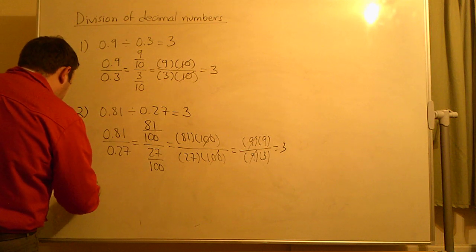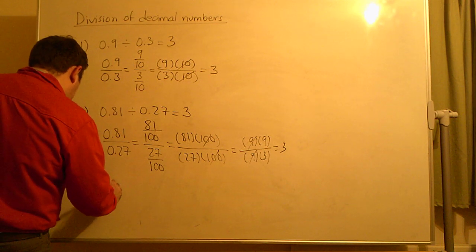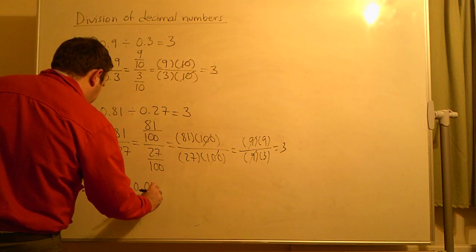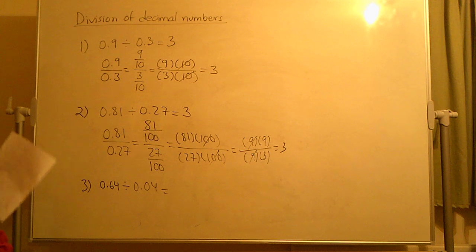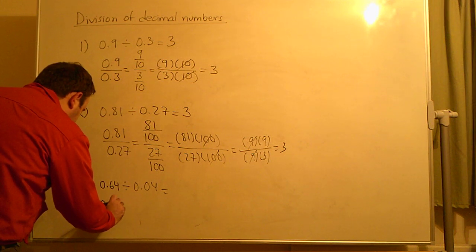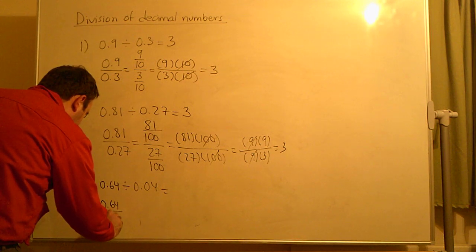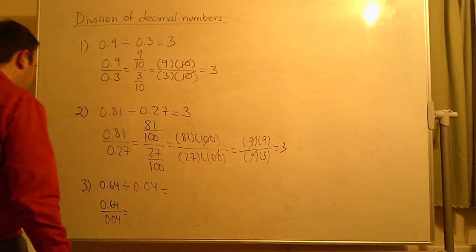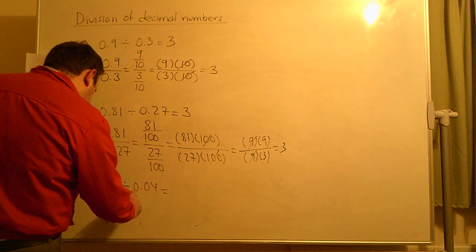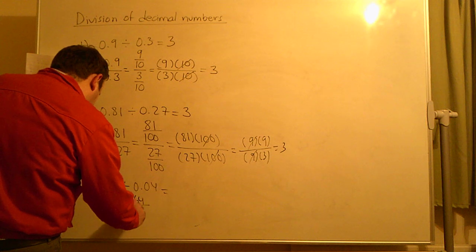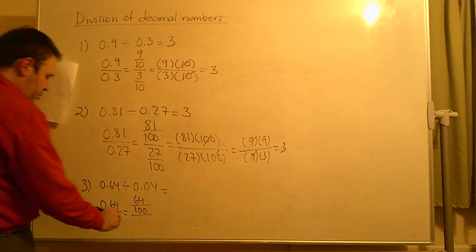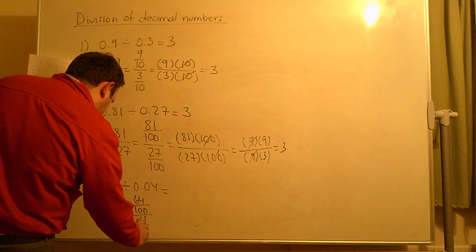Third example, it will be 0.64 divided by 0.04. So once again, we write down 0.64 divided by 0.04. So this will be 64 divided by 100, and then this would be 4 divided by 100.